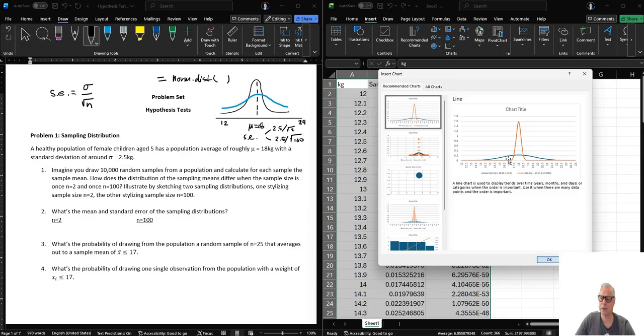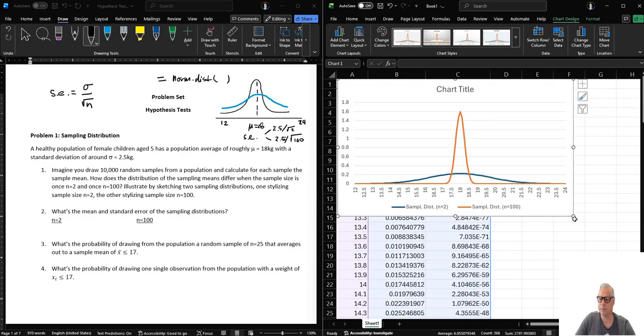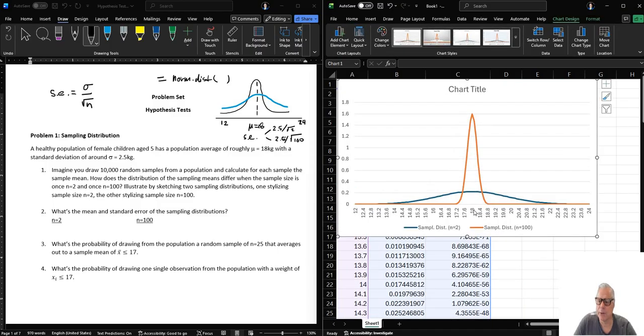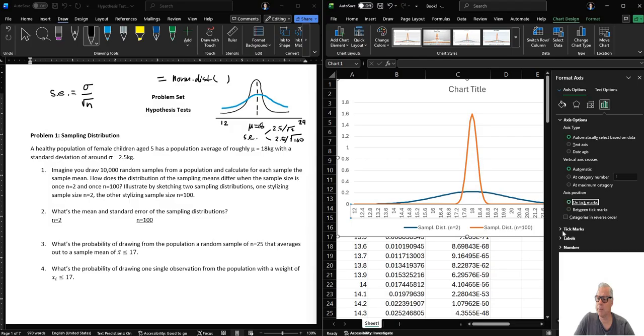We can take, so that would be the two sampling distributions. You see the mean is both 18. Maybe we can make that a little bit nicer on tick marks.